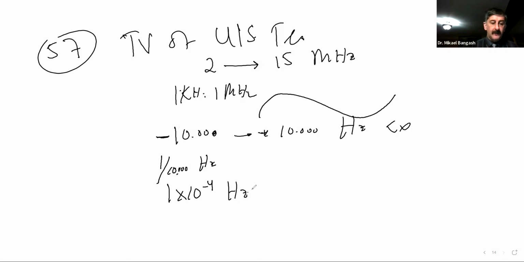So that's where we are left with option D, which is 2 followed by a whole lot of zeros. This is 1,000, and this is 1,000. So 1,000 times 1,000 is a mega, and then 2. And so is 15.